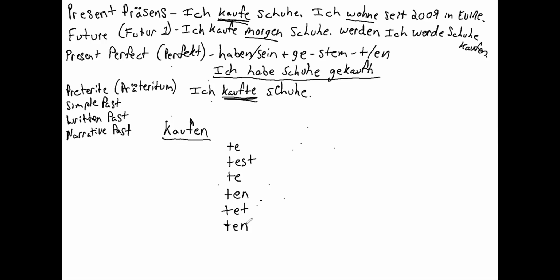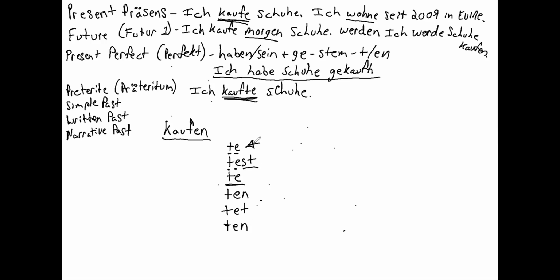All of those conjugation charts that we did in the last year and a half or so, all of them are the same, except now, instead of just having an E for the ich form, we now have this T added to it. Instead of having just an ST for the du form, we now have T plus an extra E. And now the er, sie, es form is weird because the er, sie, es form is now the exact same as what it was for the ich form.